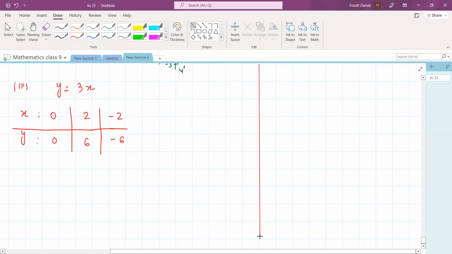So if I take this as my y-axis, up to -6 you have to go. So I can take my x-axis somewhere here. Let me take it here.